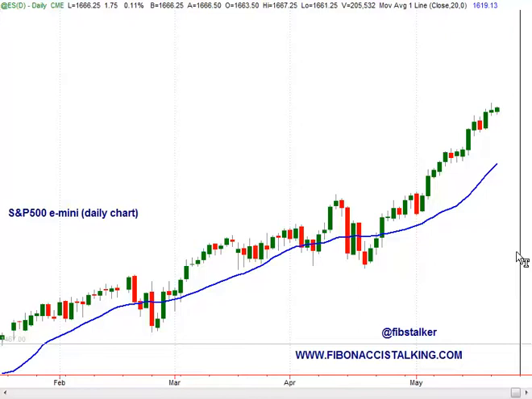Reversal does not mean that this is a short, but probably the long here has temporarily ended. And the reason why I believe that is because we are very close.